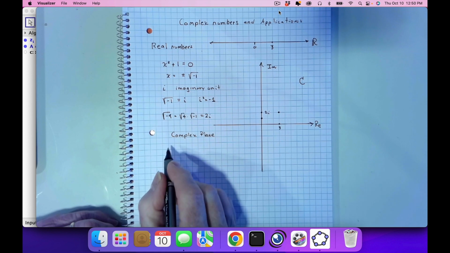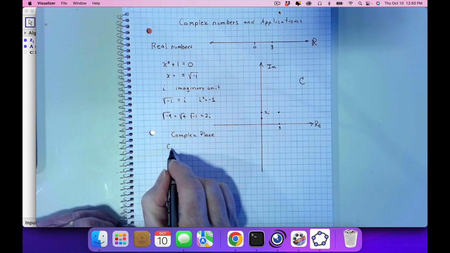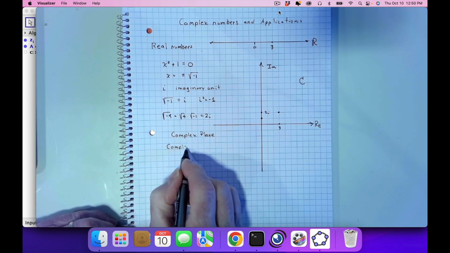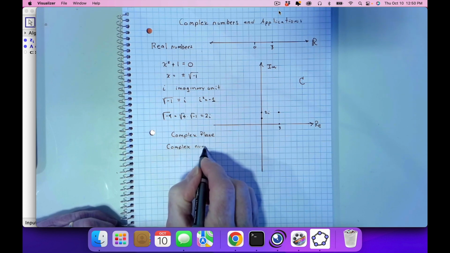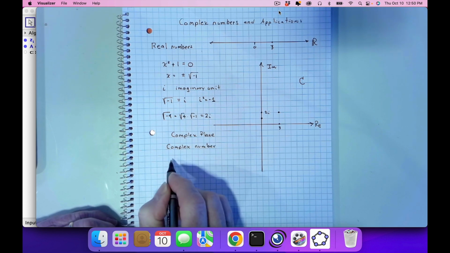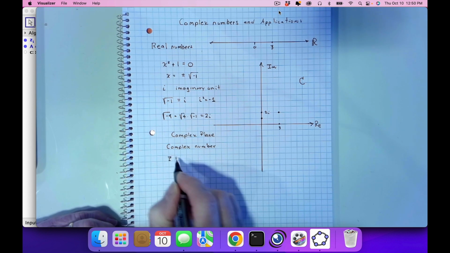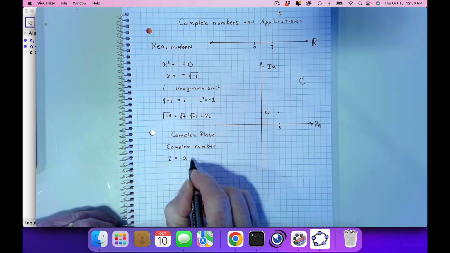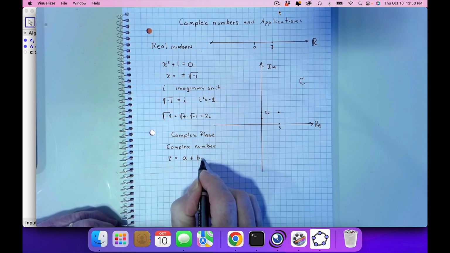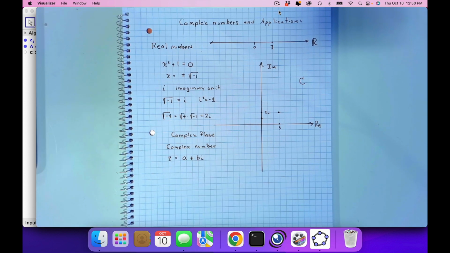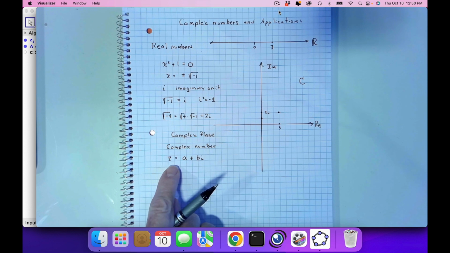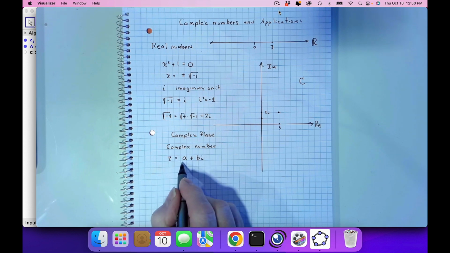So now let us define what we mean by a complex number. A complex number will have this form. We use the variable z for complex numbers, and it can be written as a plus bi. Here, a is understood to be the real part of the number.